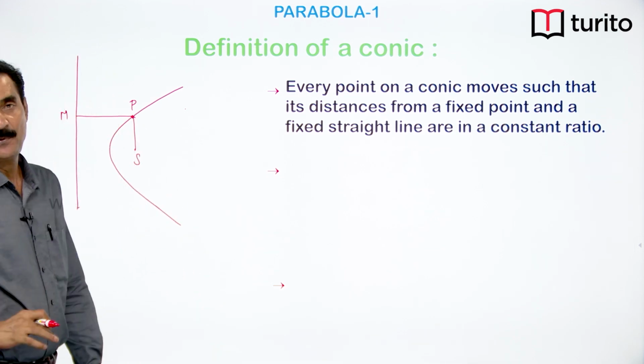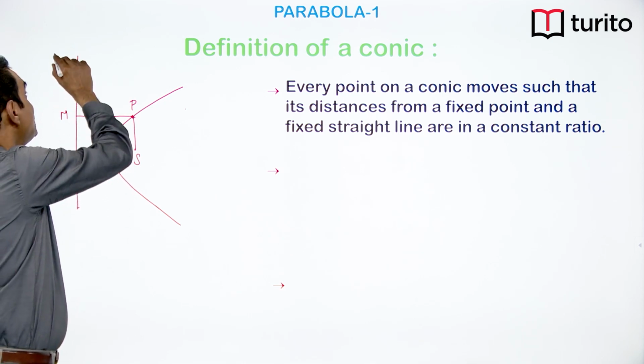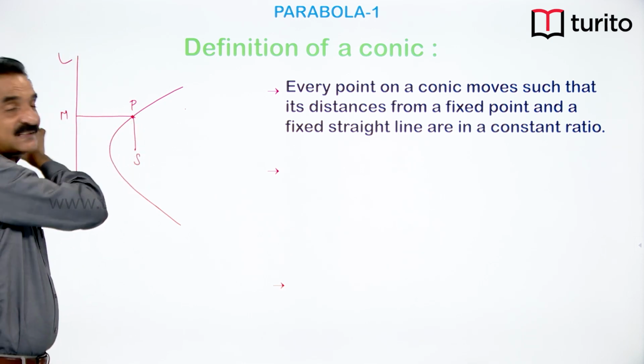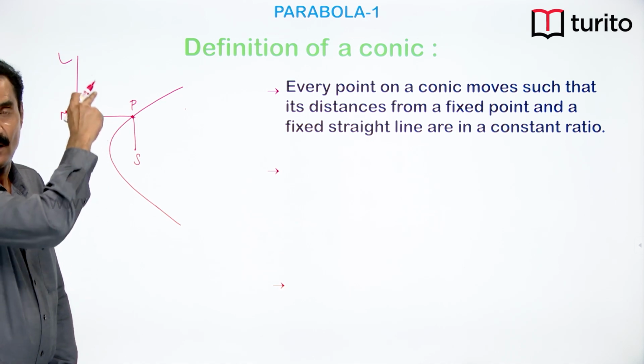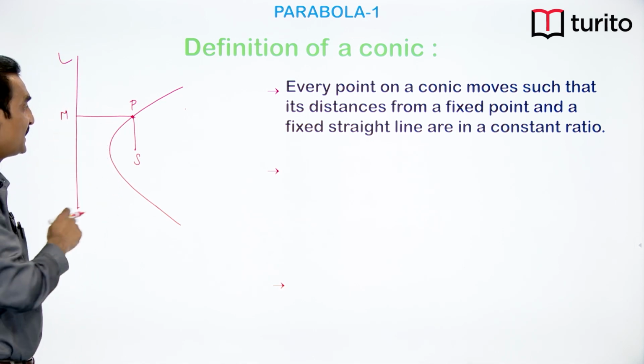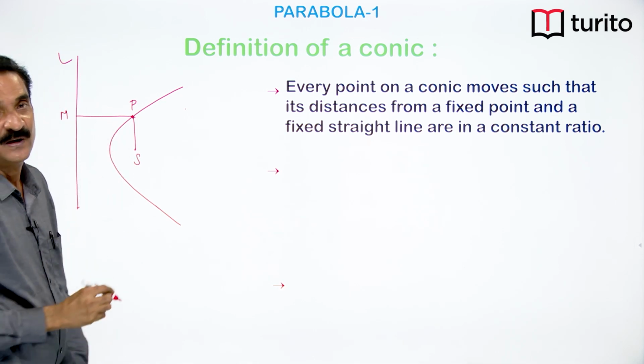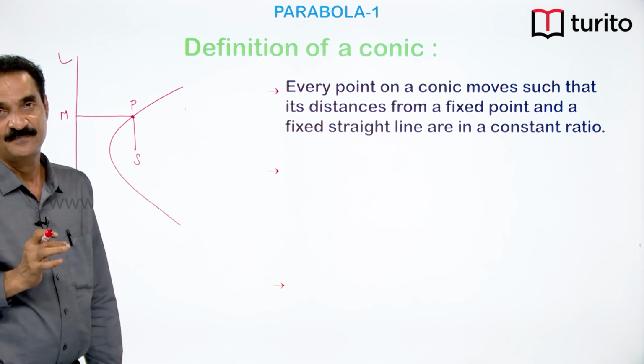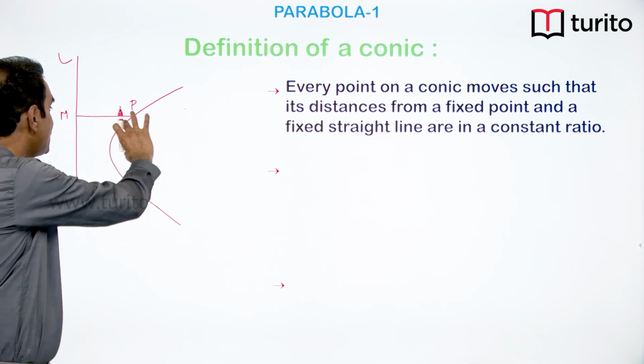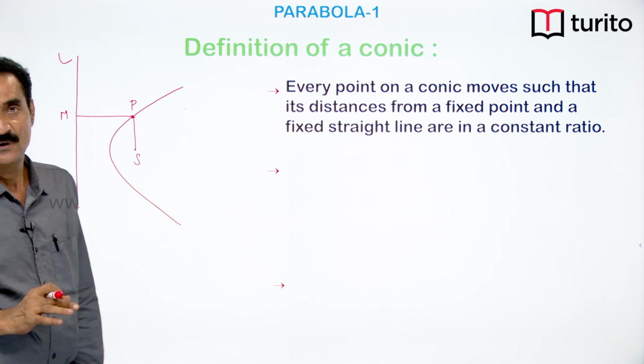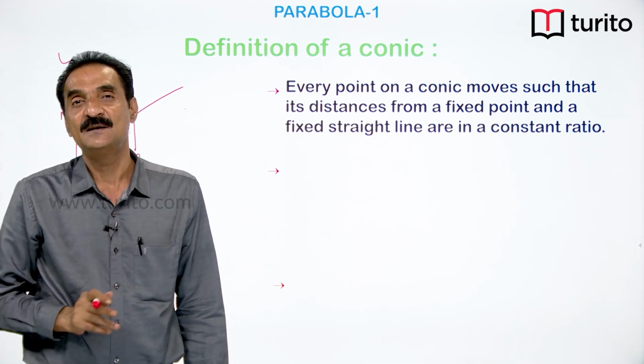If S is the fixed point and L is the fixed line, and PM is the perpendicular from P on this fixed line, then SP by PM will be a constant. These distances are in a constant ratio. This is the common link of all the conics.